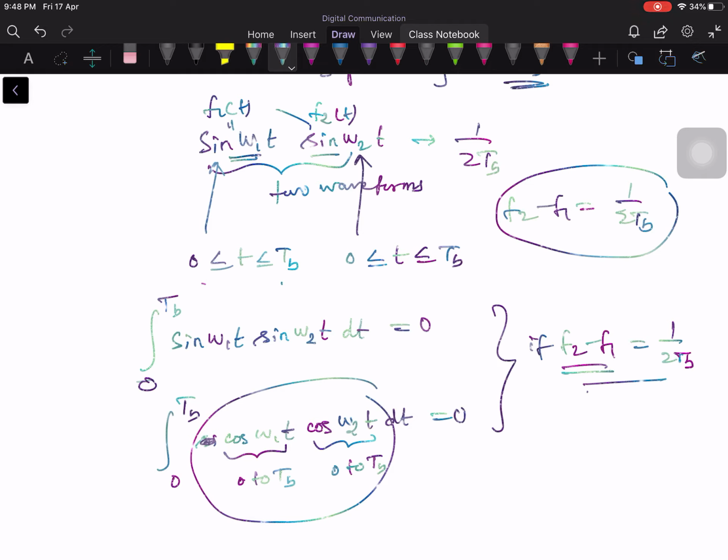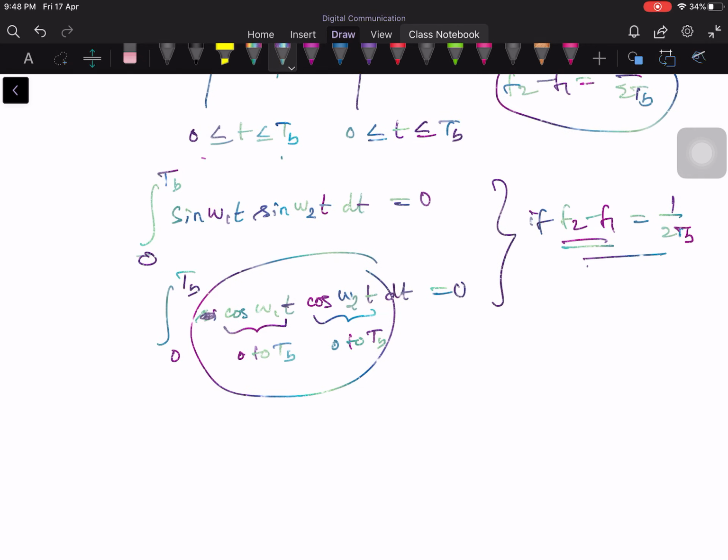If the signals are not orthogonal, then we will see in the demodulation part that it's very difficult to demodulate. Now suppose we ask ourselves this question. We realize that F2 minus F1 should be a multiple of 1 by 2TB. That means F2 minus F1 is equal to 1 by 2TB, or some integer multiple of it. Either way you can choose it.